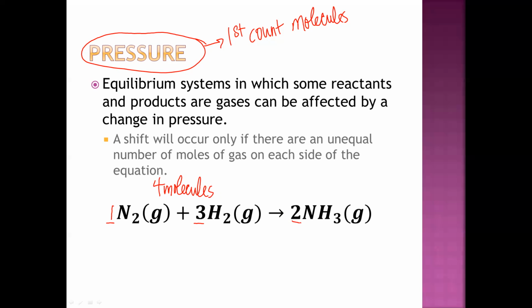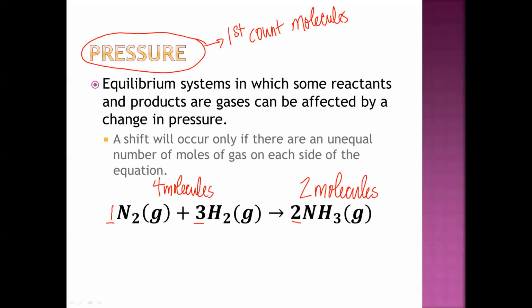And there's a 2 in front of that, so we've got 2 molecules. So if you ever count and you see that there's the same number of molecules on either side, then there won't be any shift. And the answer would be no shift, no change. But we only count gases, so that's important too. If you ever have a liquid or a solid, don't count it.